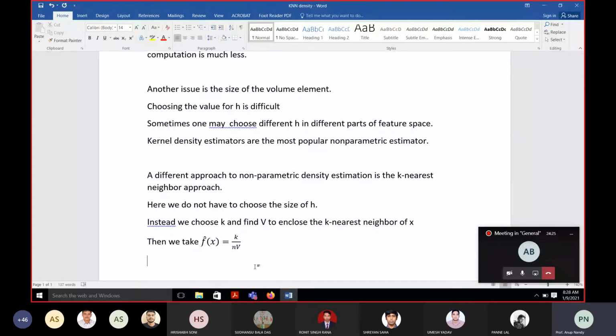If you have a two class classification problem, then wherever you get more samples closer to the test sample, the test sample will be classified in that particular class. That is the concept of KNN, K nearest neighbor.